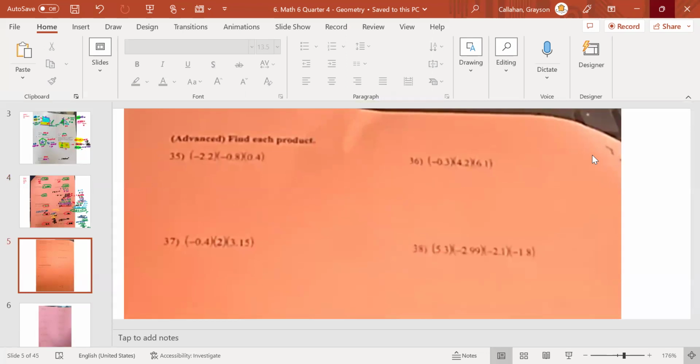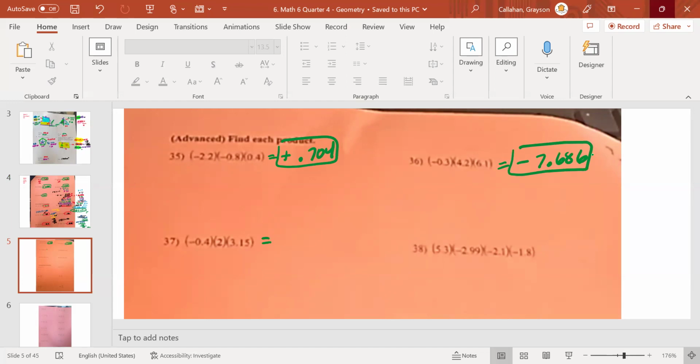Did you check your answers, right? Okay, so negative times a negative times a positive is gonna be a positive, right? 2.2 times 0.8 times 0.4 is gonna give me a 0.704. That's your answer. 36. Negative times a positive is a negative. 0.3 times 4.2 times 6.1 is going to give you a negative 7.686. Number 37.